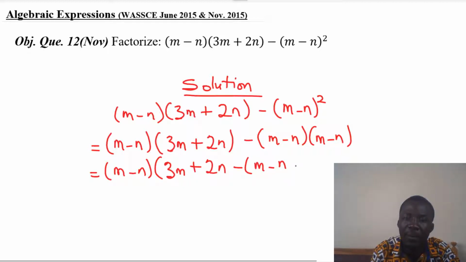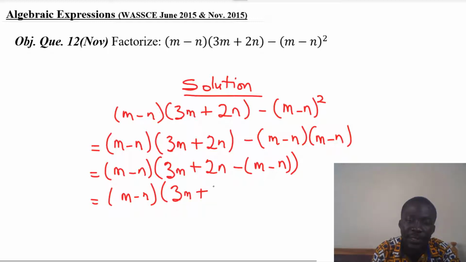Then we close the bigger bracket, and when we simplify the second bracket, we are going to get m minus n into bracket 3m plus 2n minus m plus n.